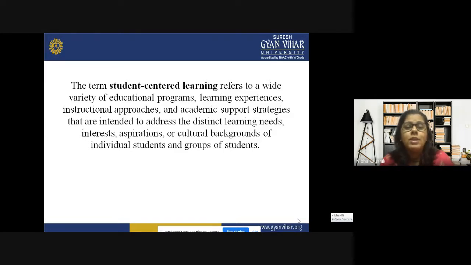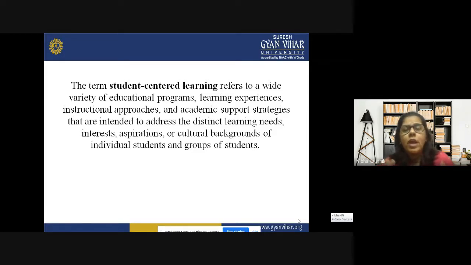Instructional approaches are the approaches that will be used by the teacher to teach the learners. And academic support strategies will help the learners to improve their learning and academics, and are intended to address distinct learning needs, so that the distinct learning needs of the learners can be achieved.